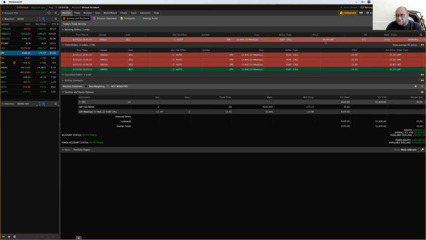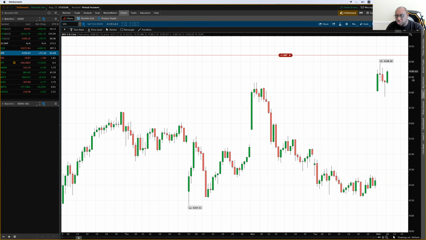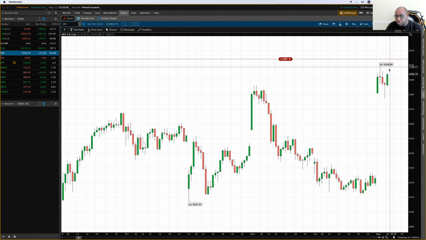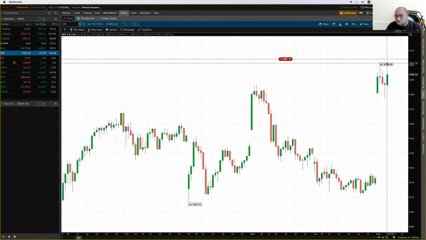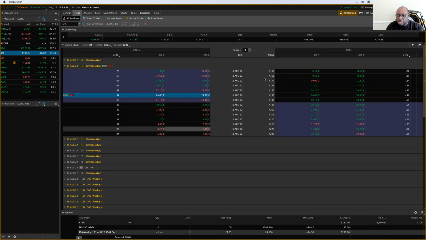And now I have my other running order, which is going to close roughly around $30, give or take. We've got about $4.70 to go. Go back to my chart here just to make sure that things are looking good. If we do come even close to testing the high of the day again, I should be able to hit that $30 fairly easily.